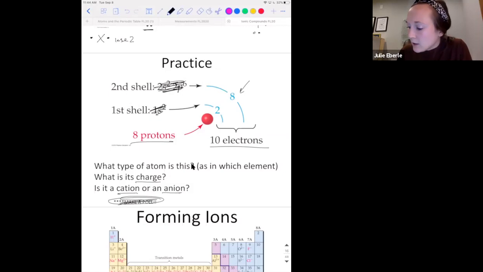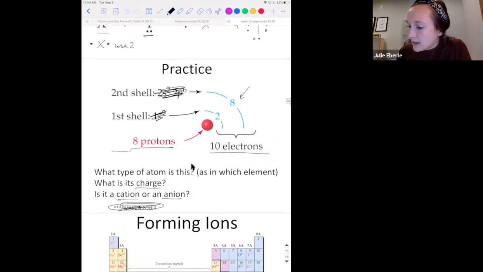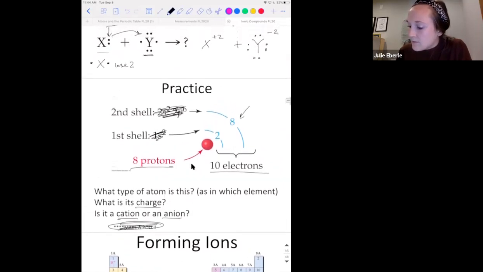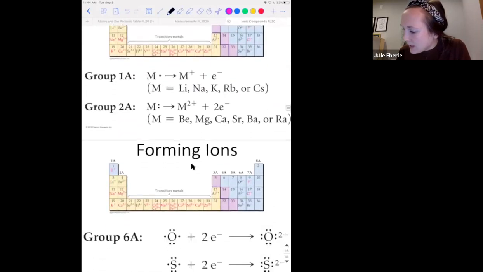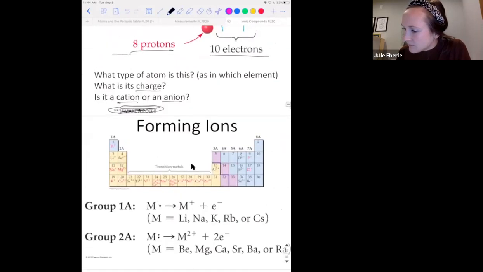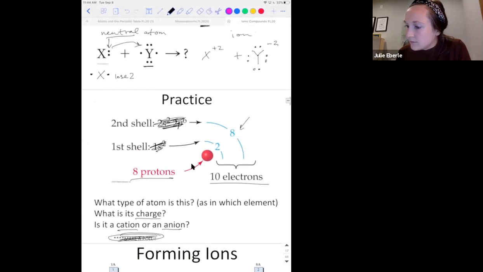What else? You might need to go look at a periodic table, okay? I don't have one here. Hopefully you have one. If you need a periodic table, look one up. Google one. If you have your textbook, open up to the front cover of your textbook. If you have lecture slides from last week, you can look in there.